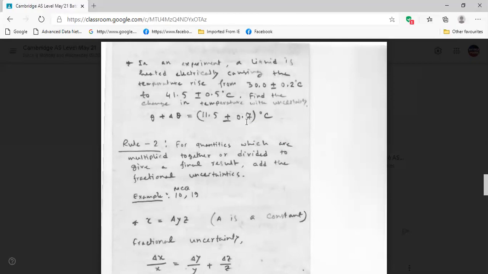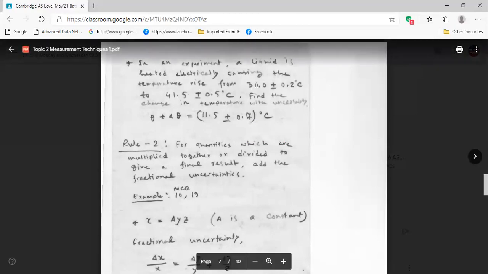Sometimes it happens, it also happened to me, that I subtracted the measured value and also subtracted the absolute uncertainty. But what we have to do? We have to add the absolute uncertainty even if we are subtracting the measured value. Is it clear to you?